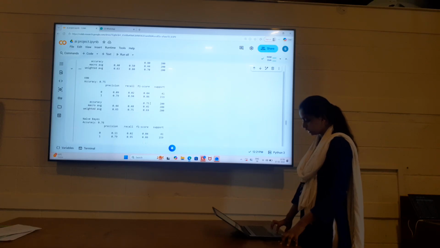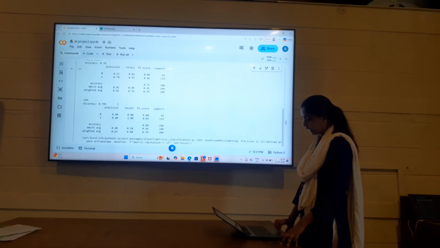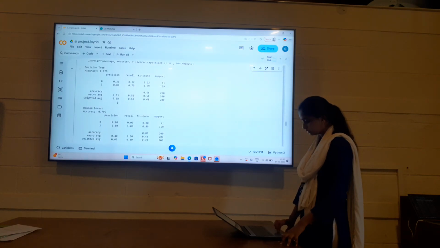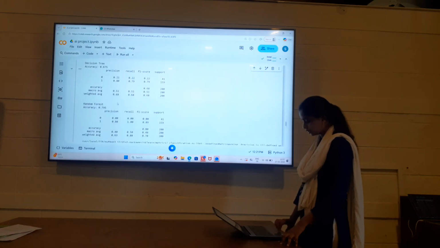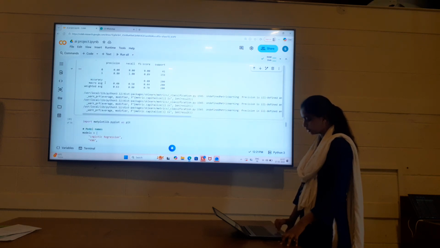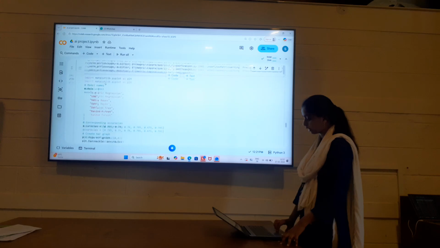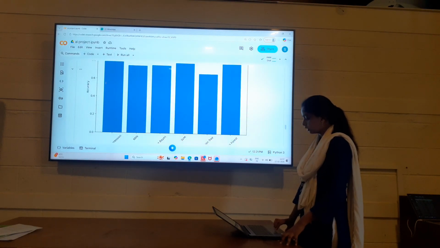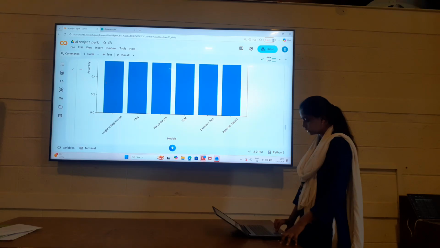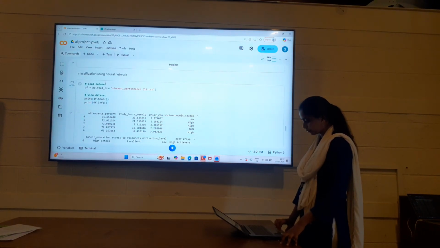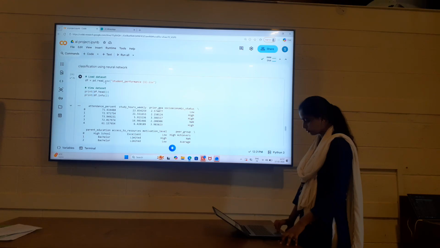KNN accuracy is 0.75, and decision tree accuracy is 0.67. Random forest accuracy is 0.795, and the final comparison of these models is shown like this in the graph.